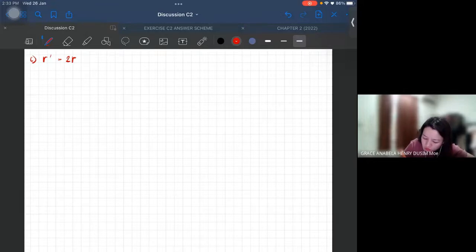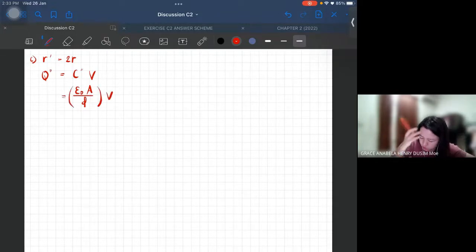This is the new capacitance, E naught A over d, times V, and we know that the area for circular plates is pi r squared.